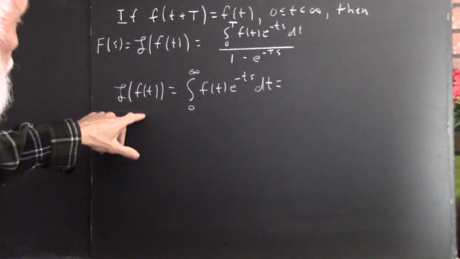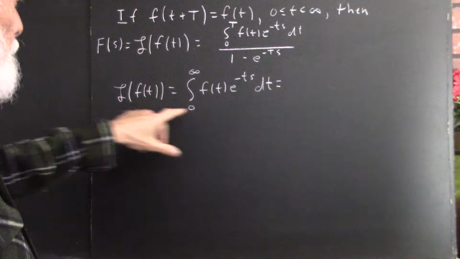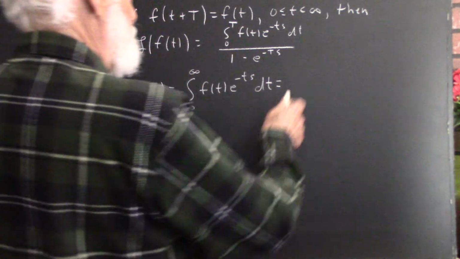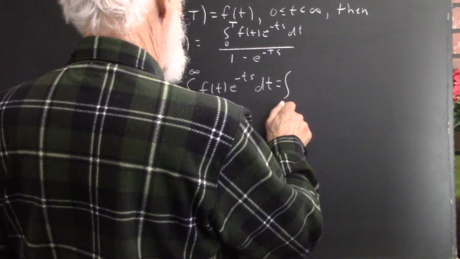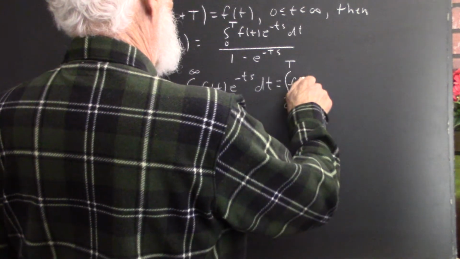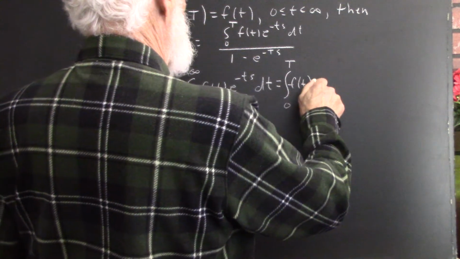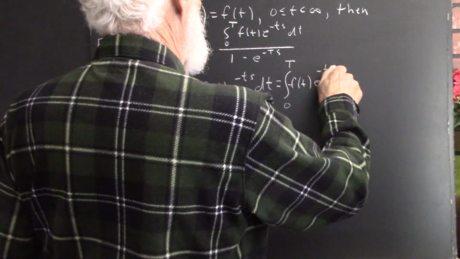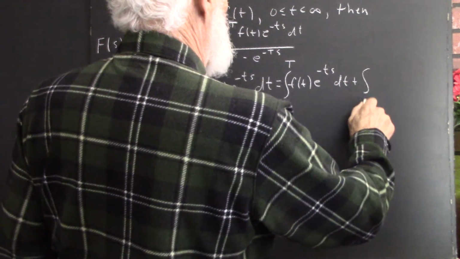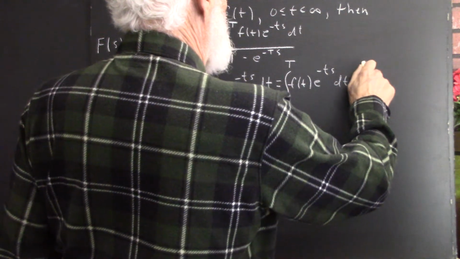We write down the Laplace transform of f of t. There it is. Now we just break it into two integrals. One from 0 to capital T, and one from capital T to infinity.